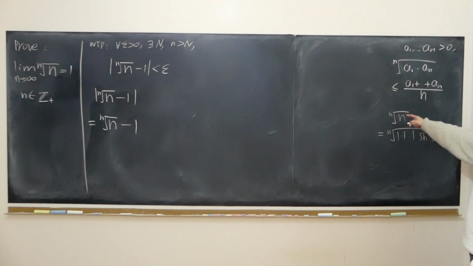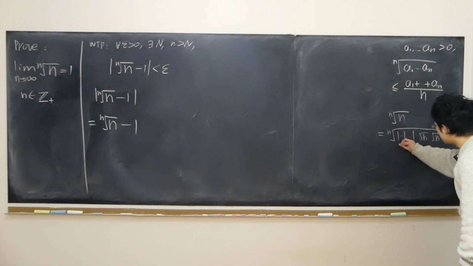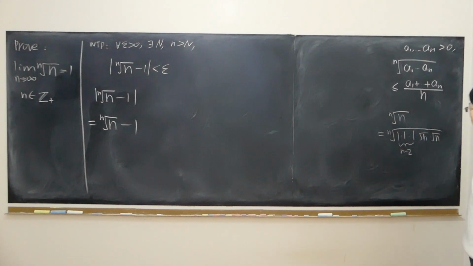So I've rewritten n into a product of a series of positive numbers. So how many ones do I have here? I have exactly n minus 2 ones here, right? So including the square root of n and square root of n, how many positive numbers do I have? I have exactly n positive numbers inside the nth root.